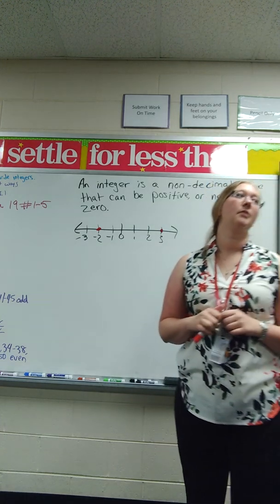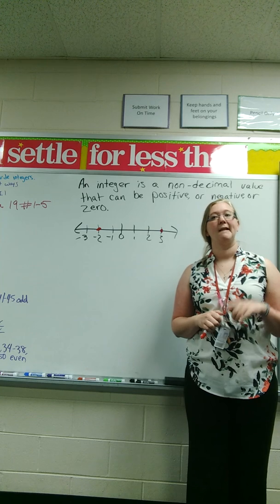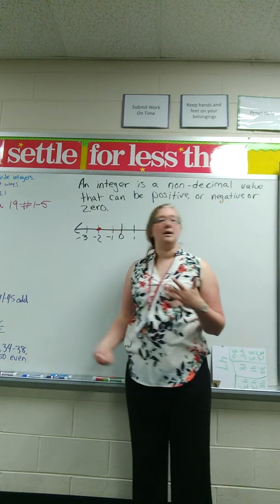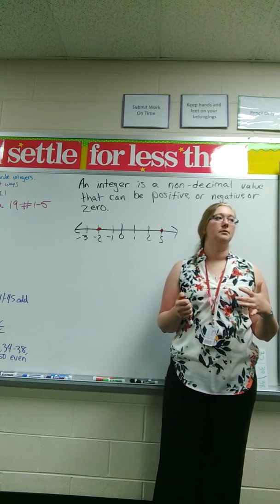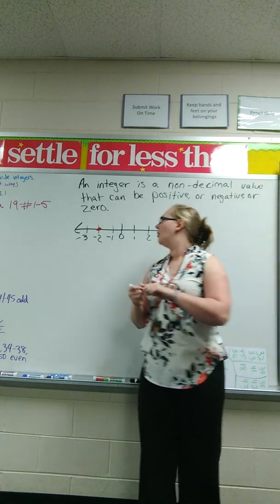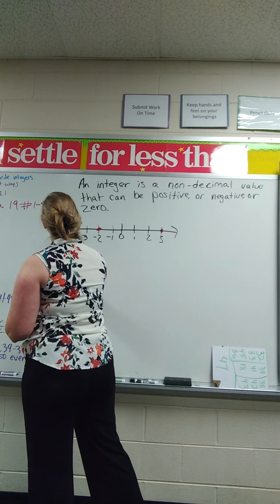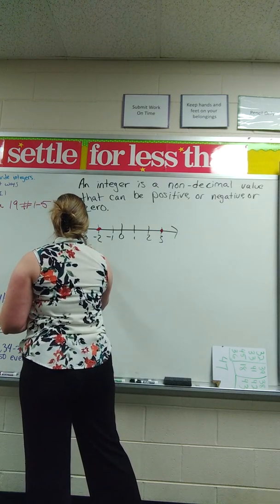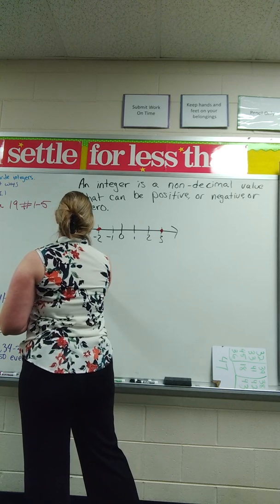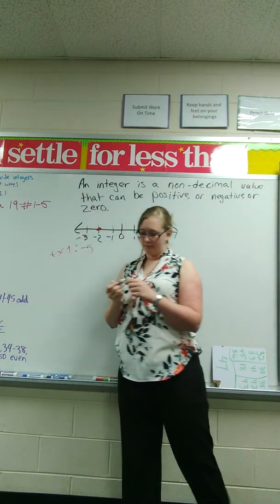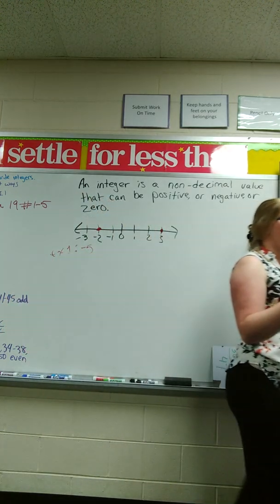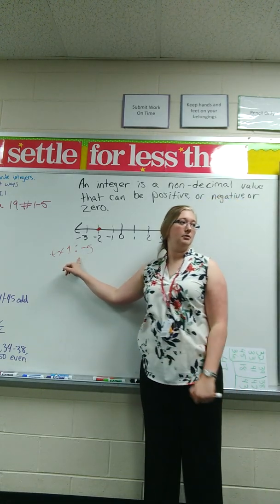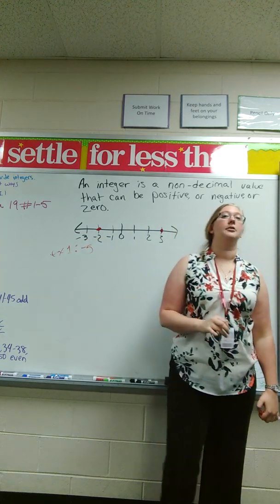What's my number in that problem? -5. Why would it be -5? Because it's below normal. So, because it had the word below, you're going to say that it's negative? Yes. That's absolutely correct.